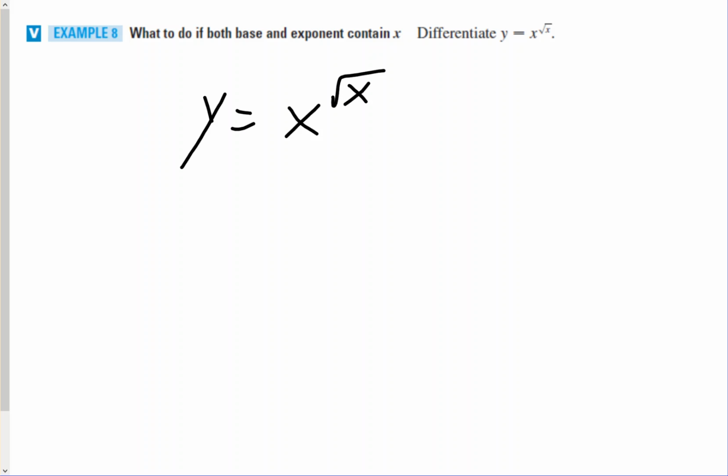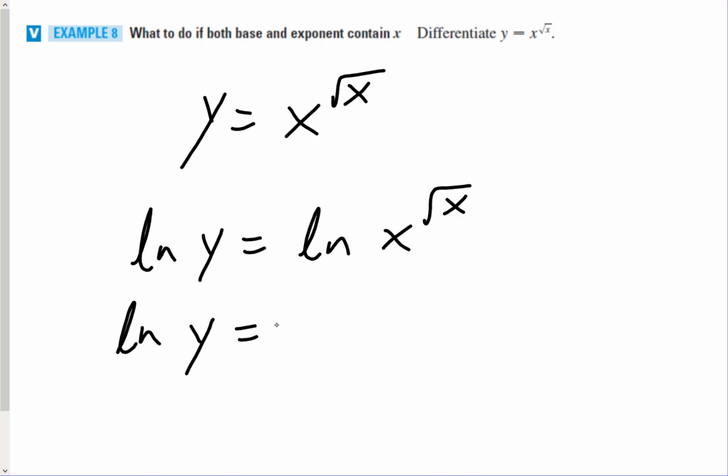Okay, so what we'll do here is we'll use logarithmic differentiation. Okay, so we'll do ln of both sides. Okay, so that allows us to write the square root of x in front. We have ln y equals square root of x times ln of x.